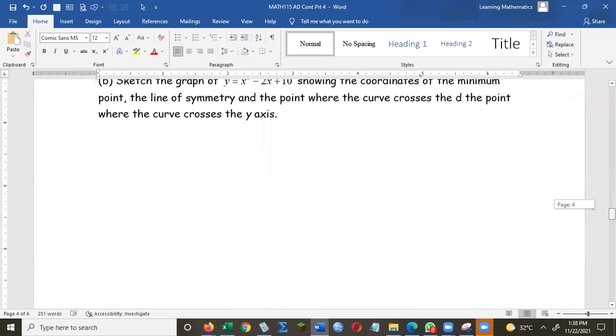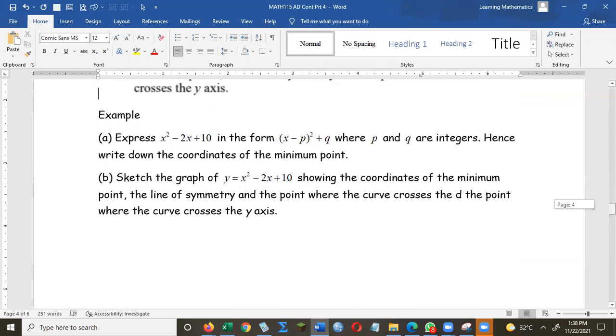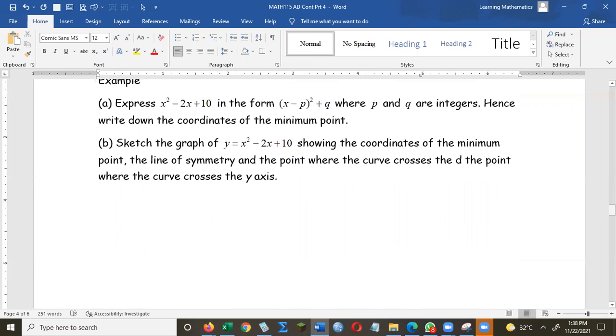So let's do an example like this. Now, here's an example, so let's start with the solution. Express x squared minus 2x plus 10 in the form x minus p all squared plus q.